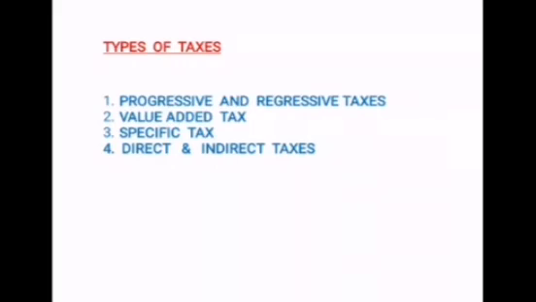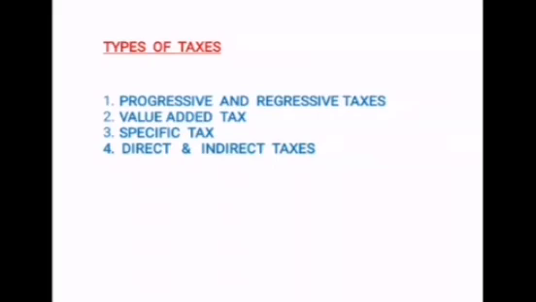Now let us understand the types of taxes. The first one is progressive and regressive tax. A tax is said to be progressive when the rate of tax increases with increase in income, more tax to richer people.